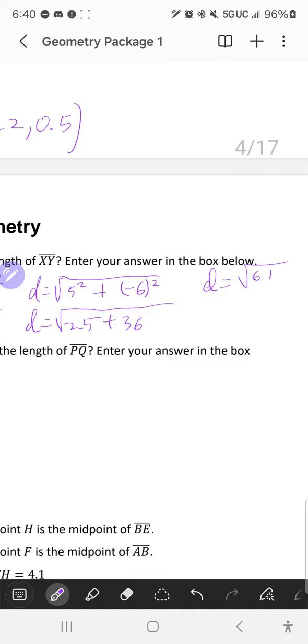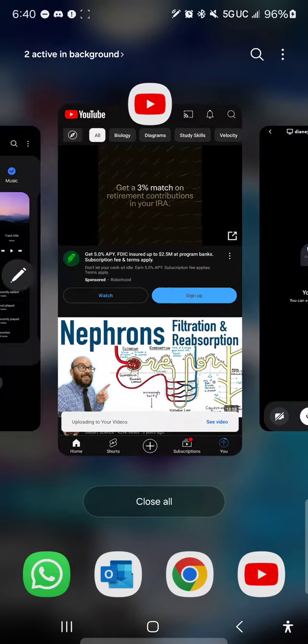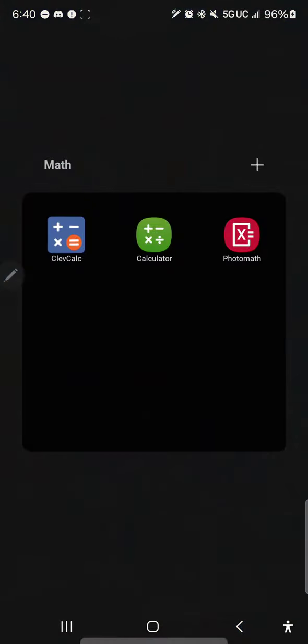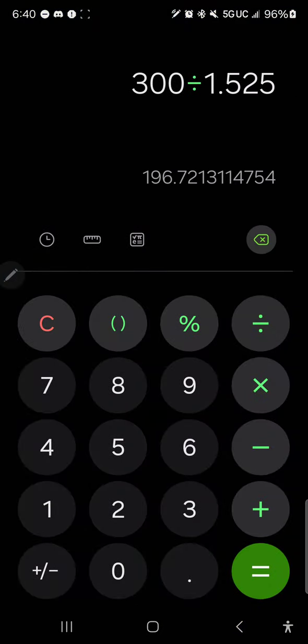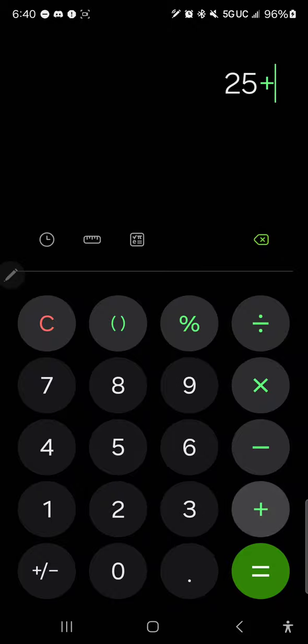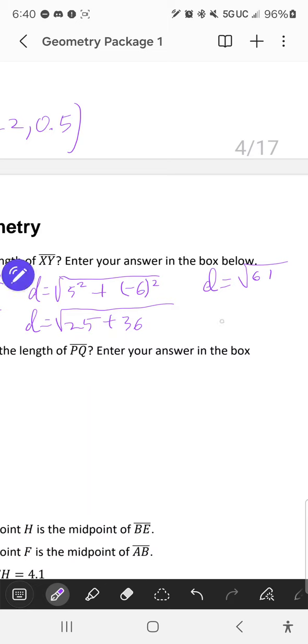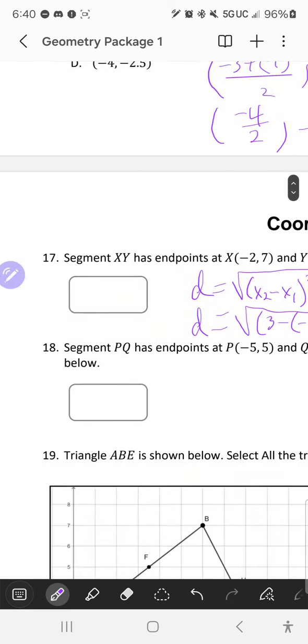No, it's 61. I just want to make sure. Yeah, then the square root of 61 doesn't have any specific value.